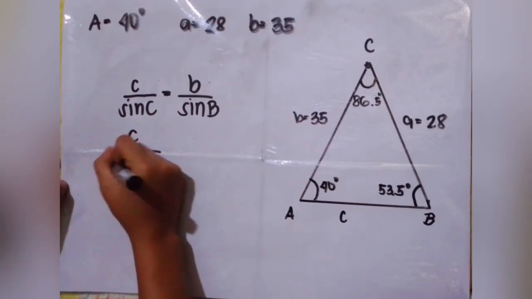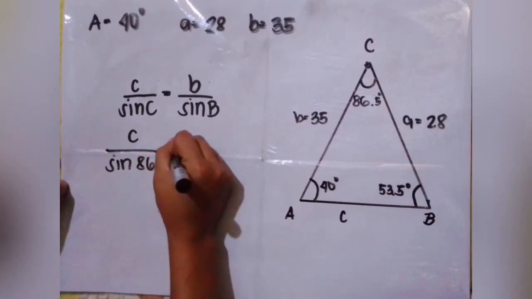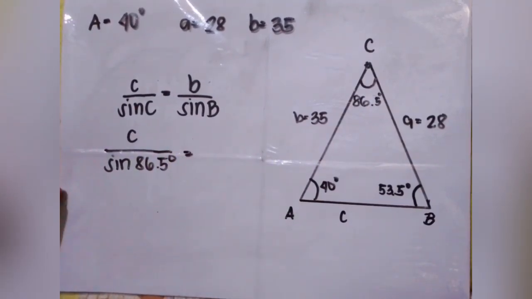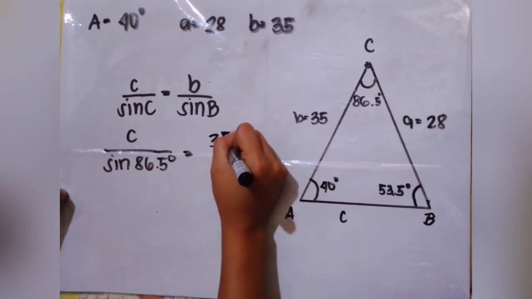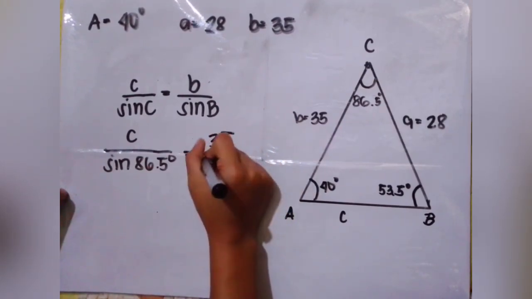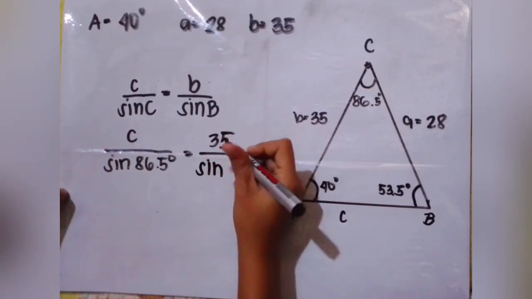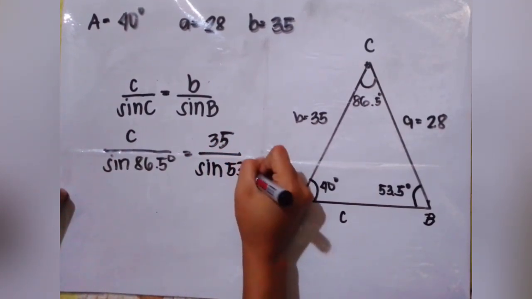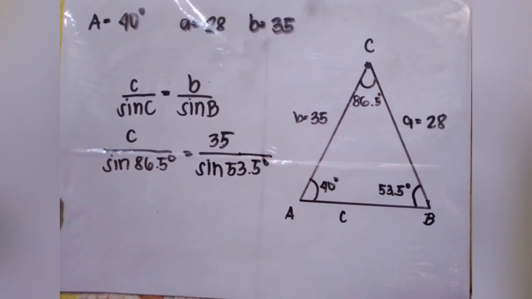C over sine 86.5 degrees is equal to our side B, which is 35 over sine 53.5 degrees. Then multiply both sides by sine 86.5 degrees.